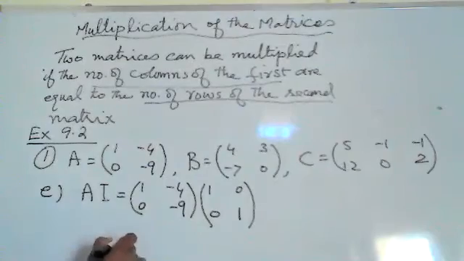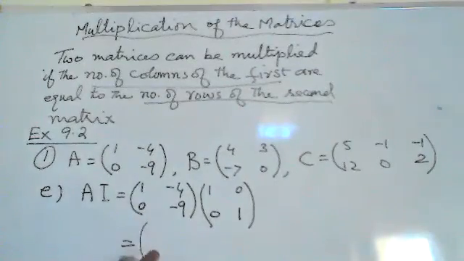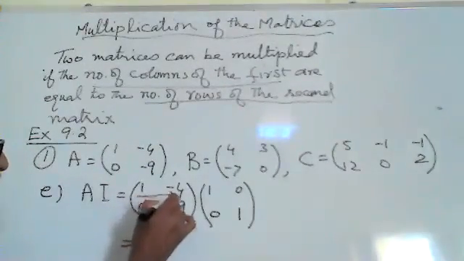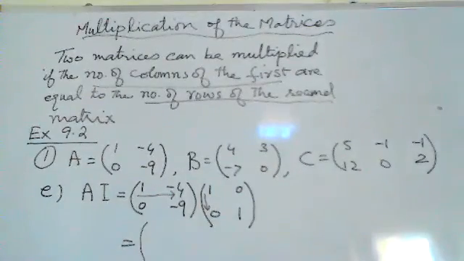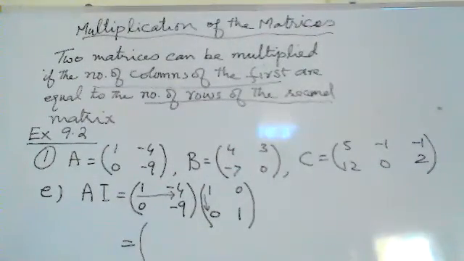Now how to multiply? This first row is multiplied with the first column.